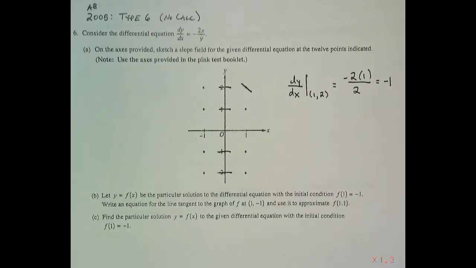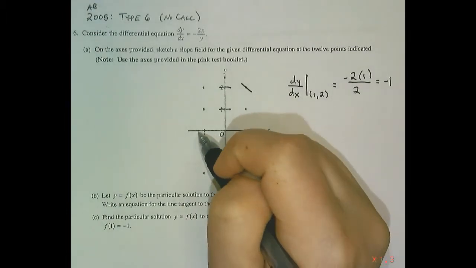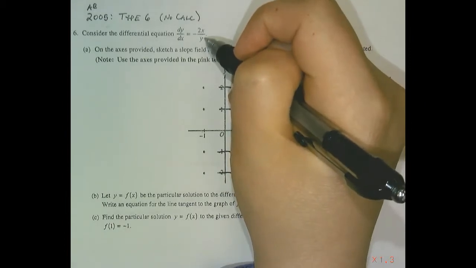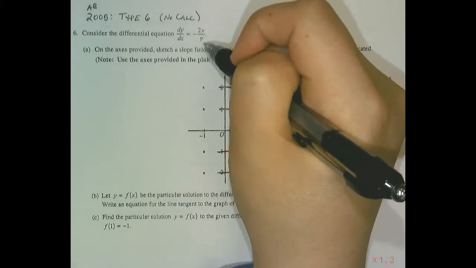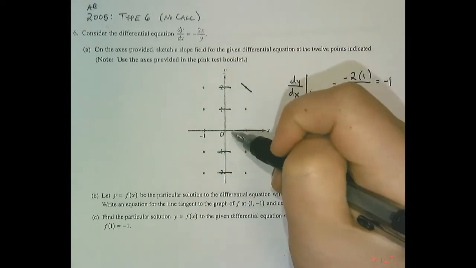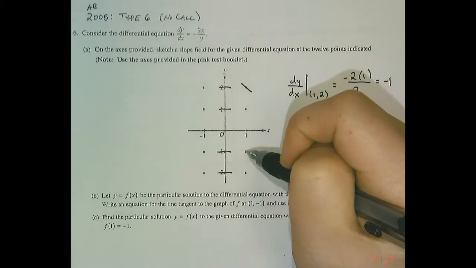I do not draw a slope anywhere along where y is 0, because y being 0 in the denominator would cause a non-existent slope, so we don't want to draw slopes there. Now fortunately for us, they haven't put little black circles for us to put slopes there, so only put slopes where they have the circles indicated.